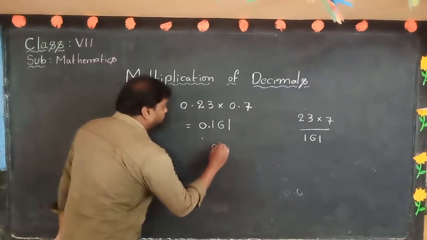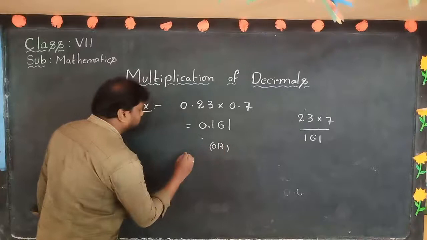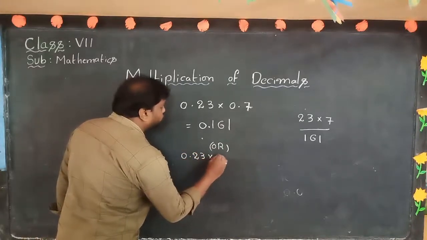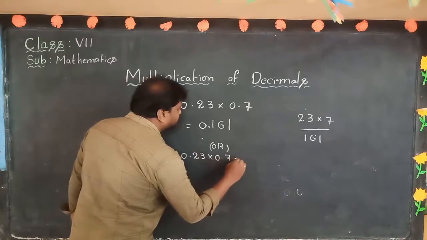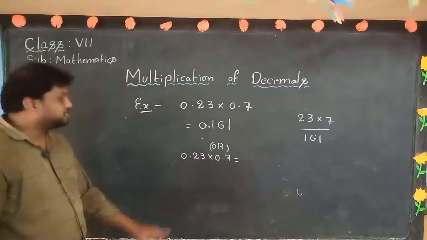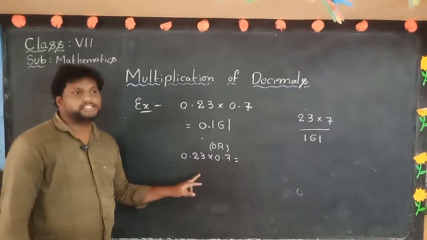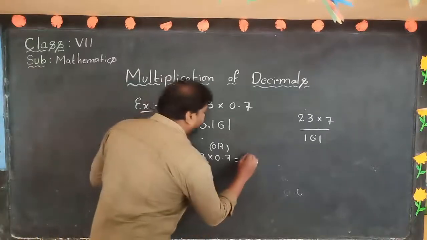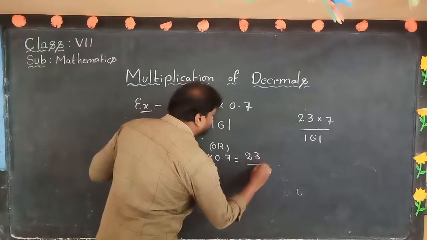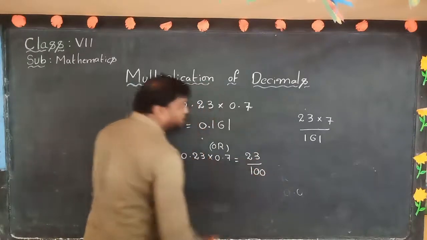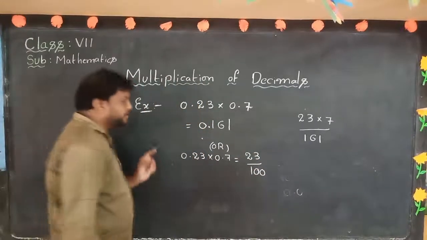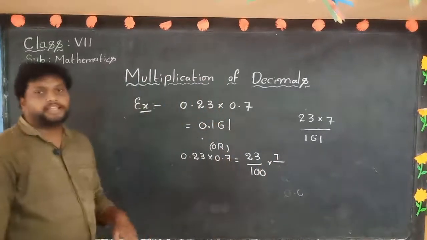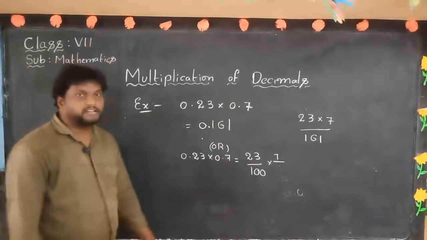Now we'll apply the fraction method. 0.23 into 0.7 is equal to: 0.23 has 2 digits in the decimal part, that's why 23 by 100, into 7 by 10.